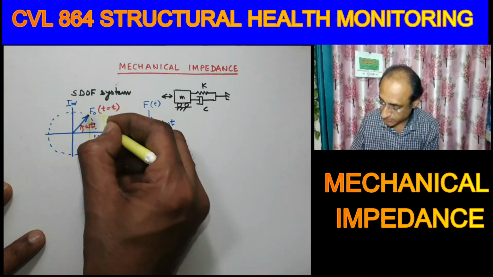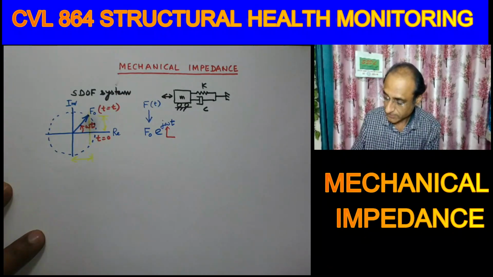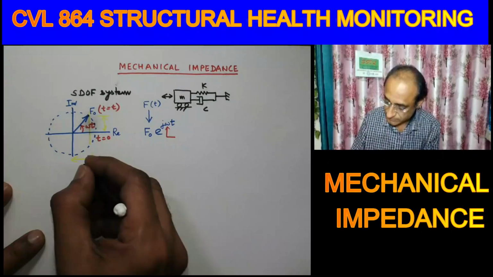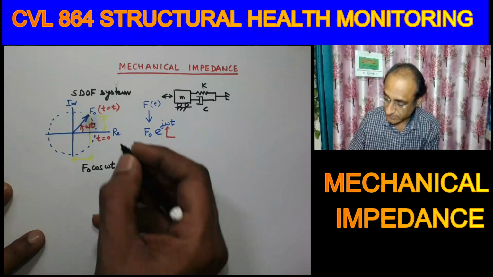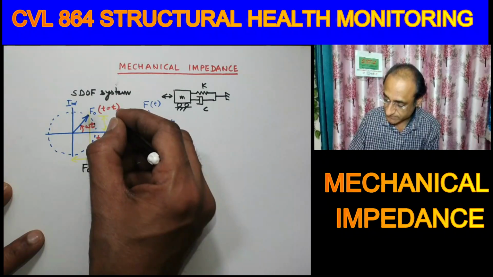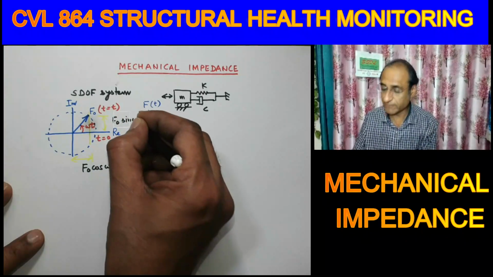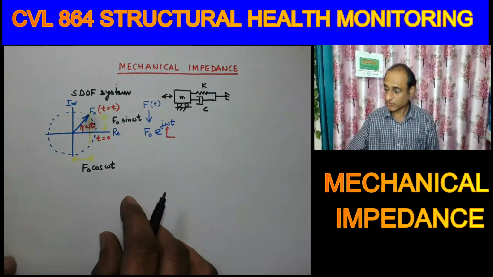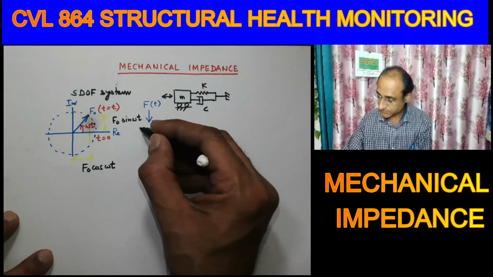The real plane component is basically the cos component, and the imaginary plane component is the sine component. This is the definition of the phasor, and we represent the phasor by this kind of exponential function.